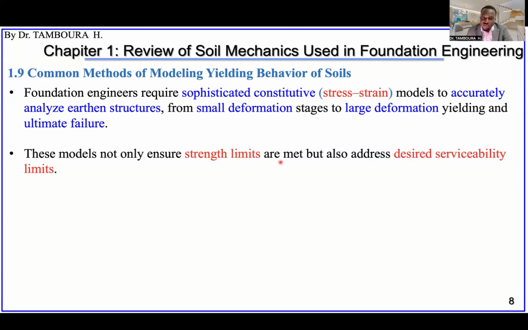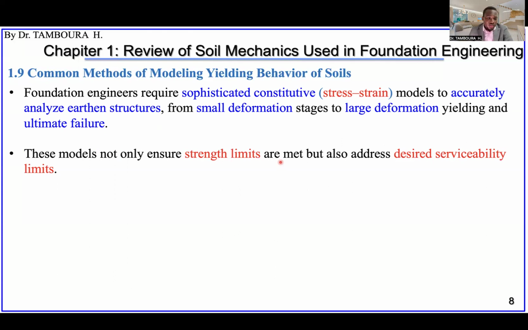This model not only makes sure that the strength limit of the foundation soil is met, but the serviceability limit also needs to be a target.